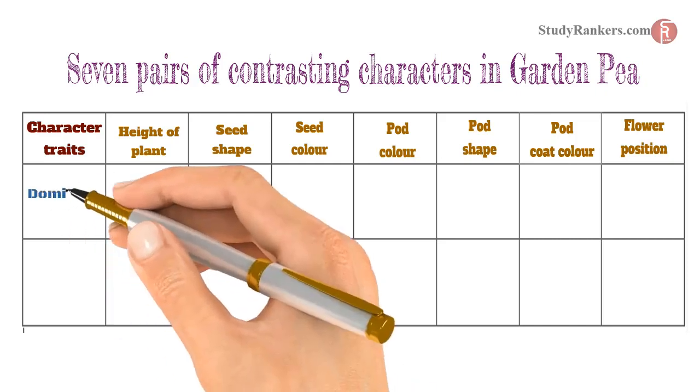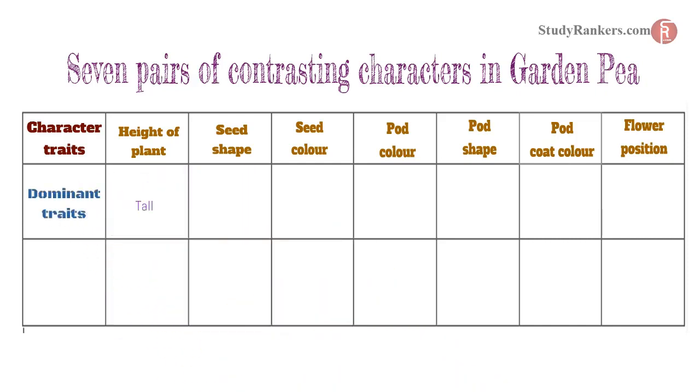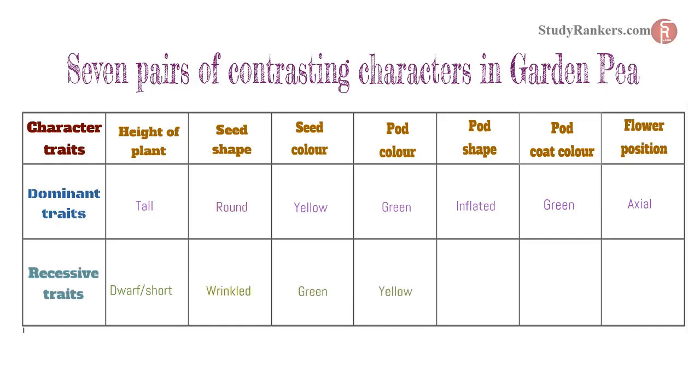The dominant traits for the characters are tall, round, yellow, green, inflated, green, and axial respectively, while the recessive traits are dwarf or short, wrinkled, green, yellow, constricted, white, and terminal, as in the chart.